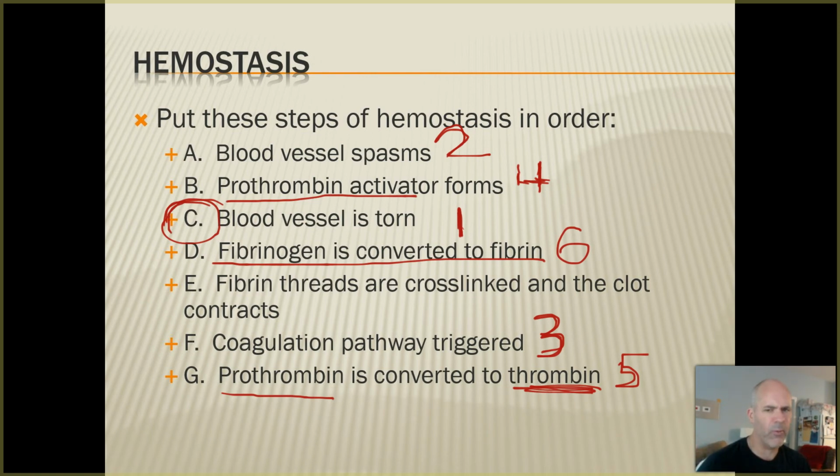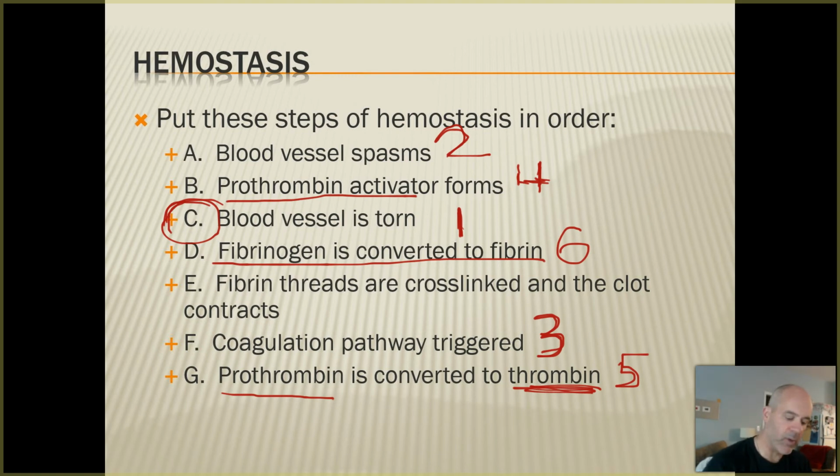You may be wondering, why in the world is this so complicated? Well, blood clotting is not something you want just happening randomly or at the least little minor thing. It needs to be very carefully controlled so that you only generate blood clots when needed. And of course, in this unit, you've learned about some of the consequences of when you have clots that form when they're not supposed to.